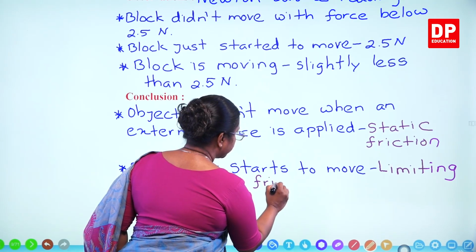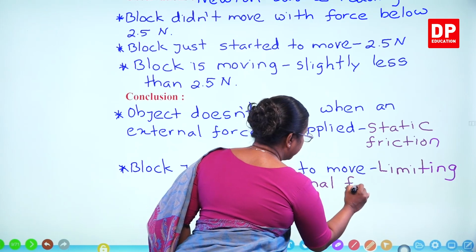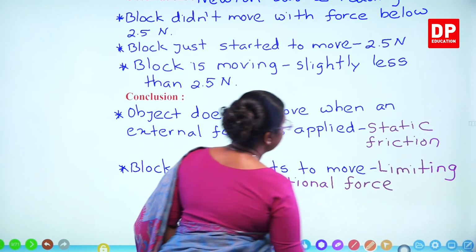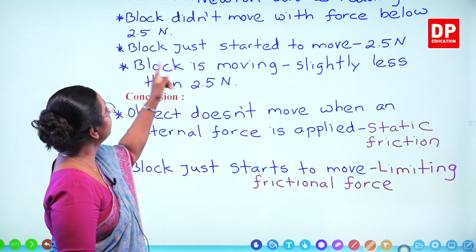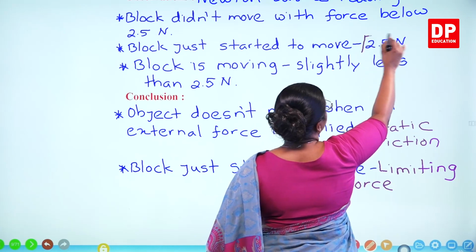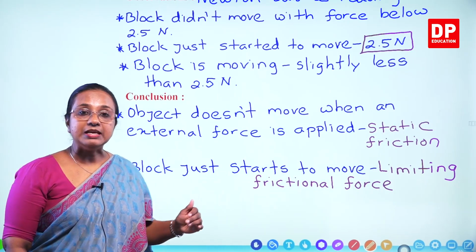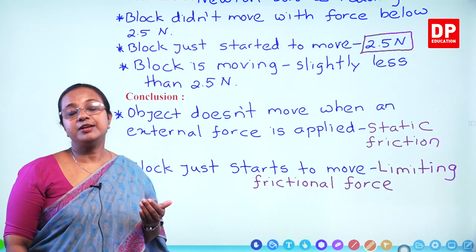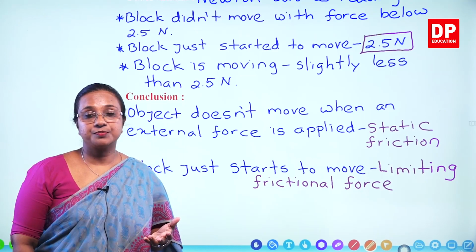In this case, the reading was 2.5 Newton, so we take 2.5 Newton as the limiting frictional force.